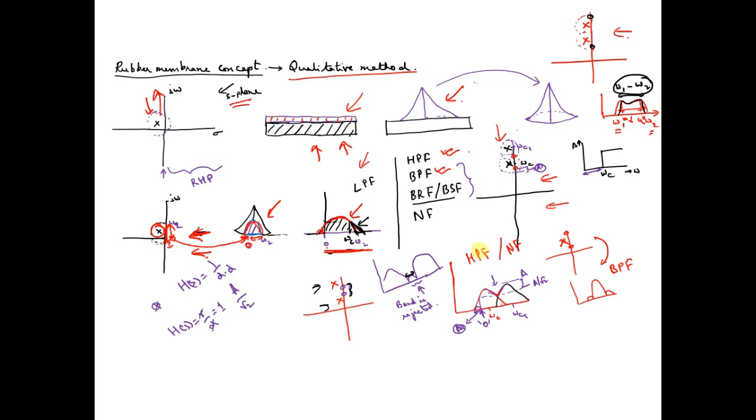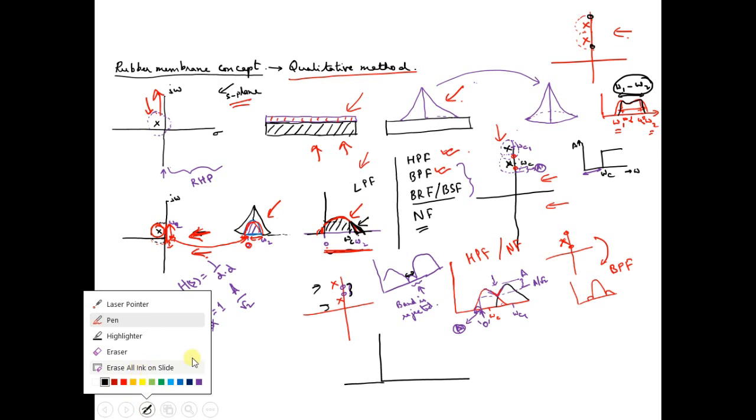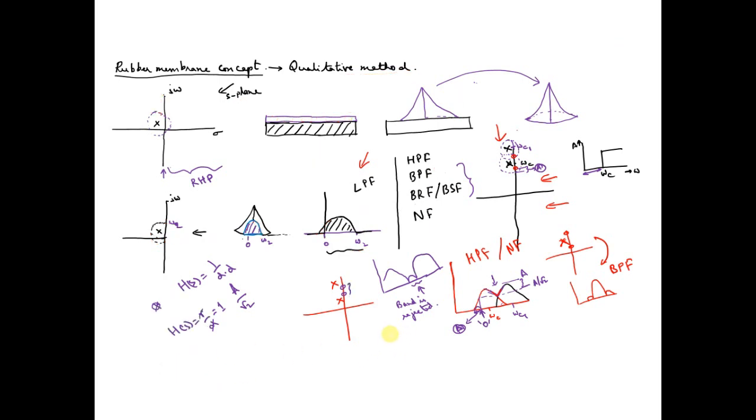Then notch filter. Notch filter means only one specific frequency will be stopped. So how can this be?